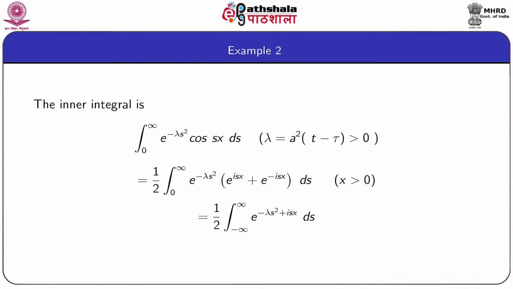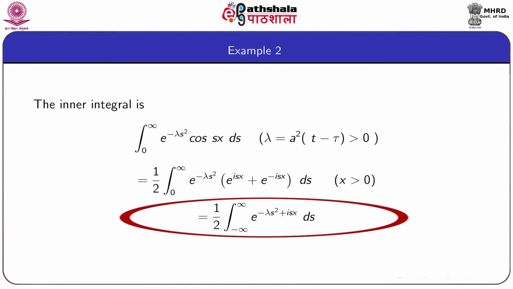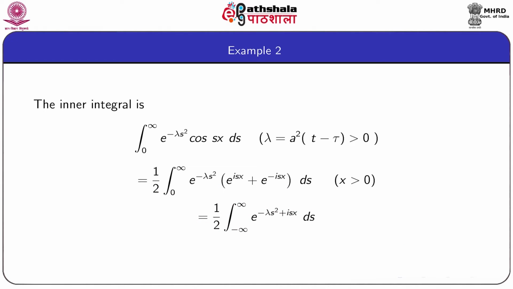We have written cos(sx) in this form. So this gives half of the integral from minus infinity to plus infinity e^(−λs²+isx) ds, after extending the integral, the second term being the integral from minus infinity to 0. So the integral from 0 to infinity can be extended to the integral from minus infinity to plus infinity. Hence the inner integral takes this form.